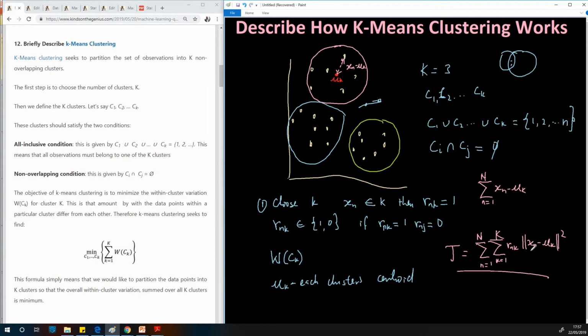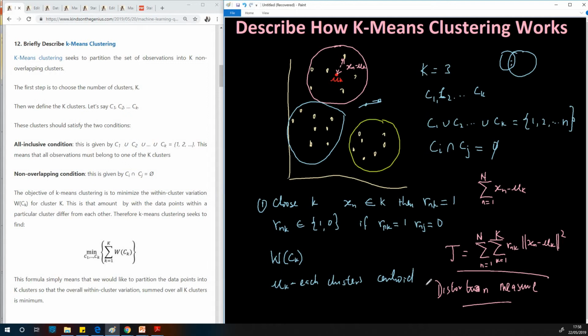Once you come up to this point, of course, this is about the same thing as this. This formula here is what I'm trying to break down. This function has a name: it is called the distortion measure. All right, so the goal of k-means clustering is to minimize this function.